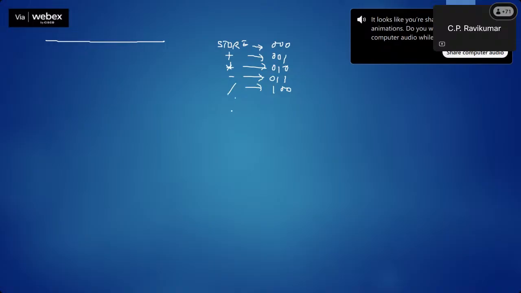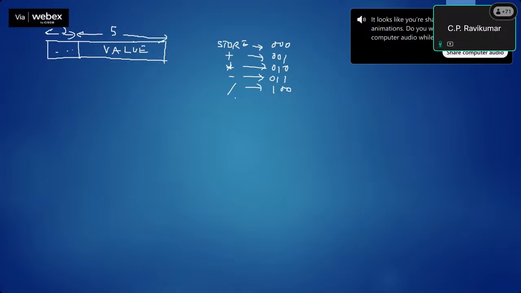In fact, we have room for a few more instructions if you want. Right? So that will occupy the first 3 bits. And the value is, let us say, the remaining. Let us keep it simple. We'll give maybe 5 bits for this. So this is how our memory is stored.